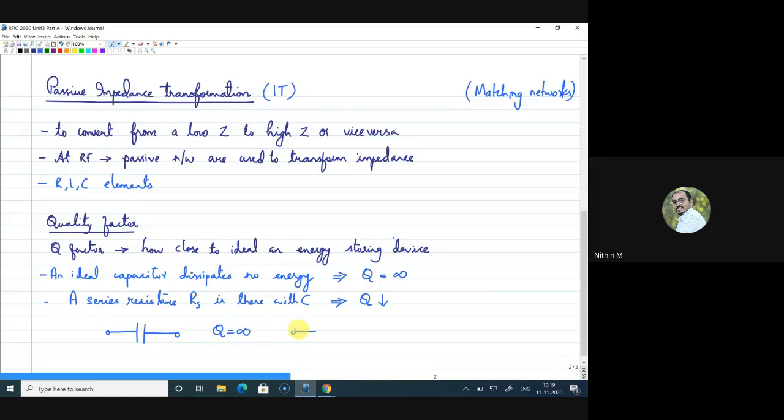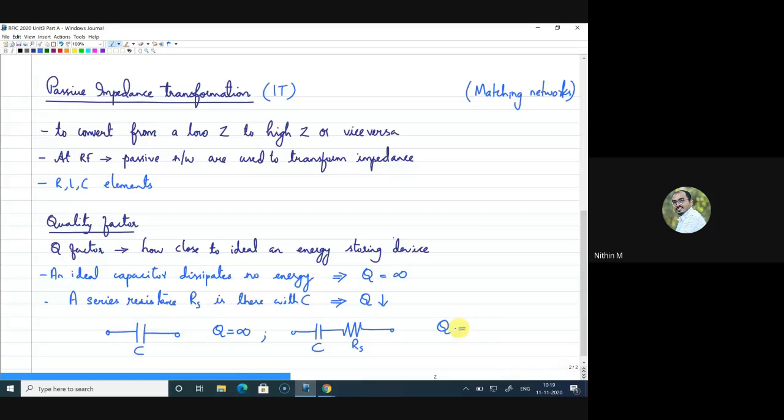So this is an ideal capacitor where we wrote Q as infinity. Now if I have a capacitor and a series resistance along with that, say I call this C and this, since it is a series resistance, RS. Now how to define the Q factor of this? When this RS is 0, the Q factor will be infinity, and in the presence of RS, your Q factor will reduce.